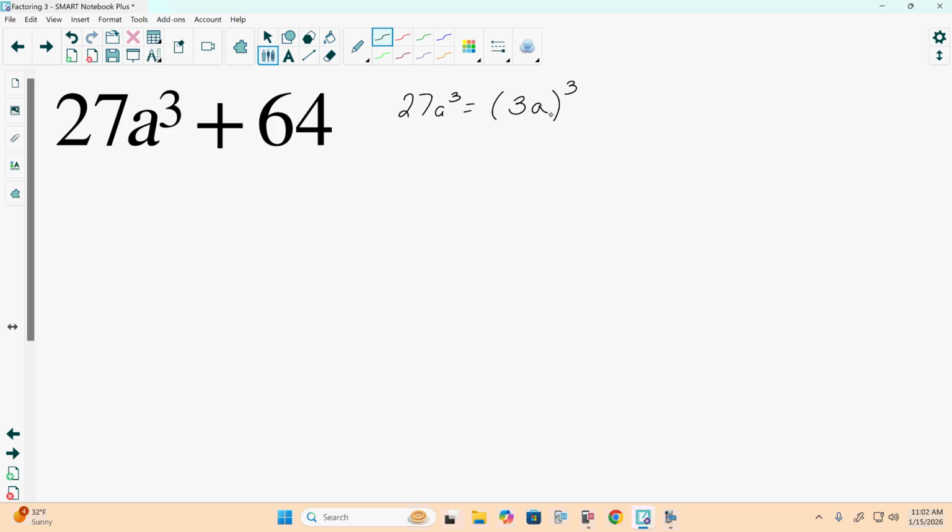So 3a times itself 3 times would be 27a cubed. Now we also need to see if 64 is a perfect cube, and it is. It's 4. We also did that just a minute ago, yes?